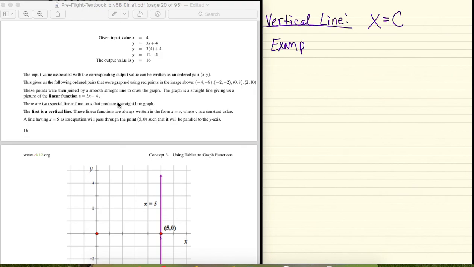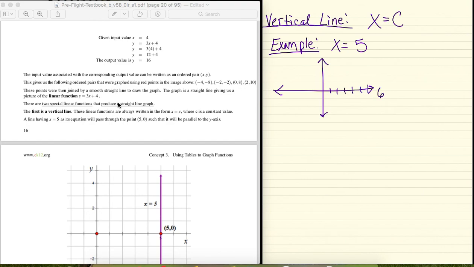So the example they give us in the textbook, so I can follow along with it, is x equals 5. So when we're drawing a graph, I'm going to set this up. So 1, 2, 3, 4, 5, 6.